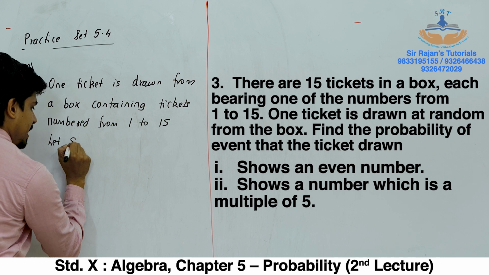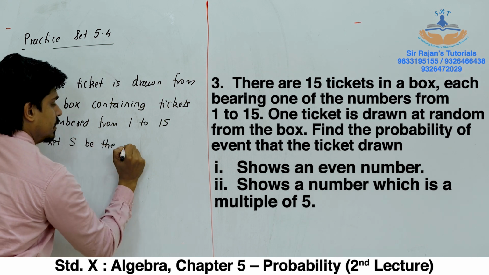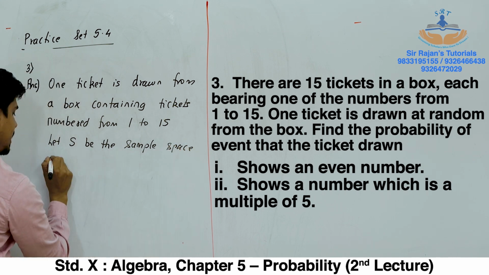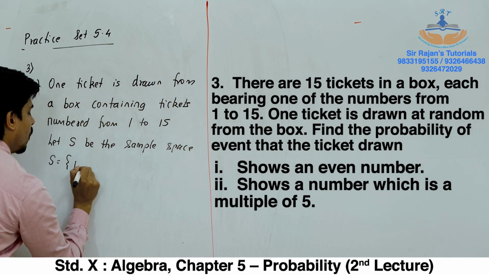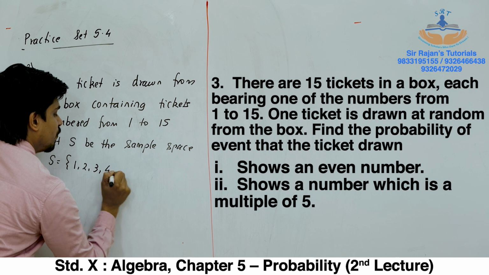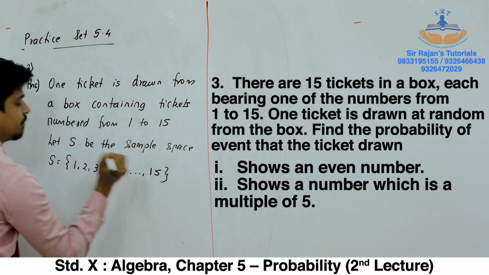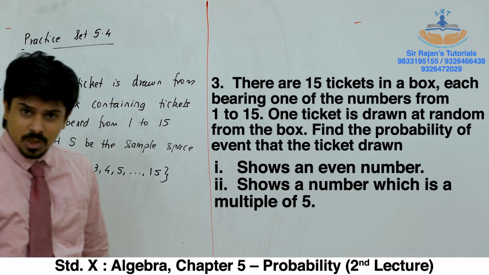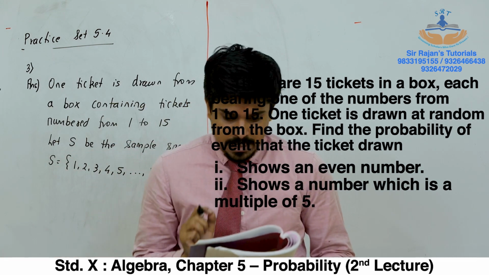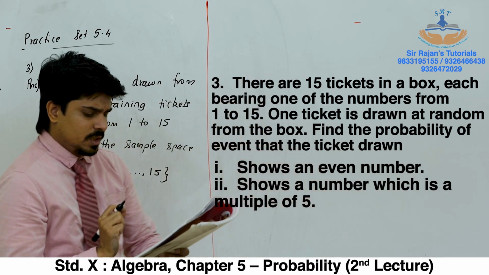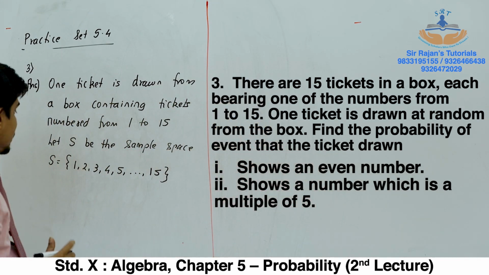Now let S be the sample space. Then S will be 1, 2, 3, 4, 5 dot dot dot till 15. You need not write all the 15 numbers over here. Okay. Now first event is that the number on the ticket is an even number.